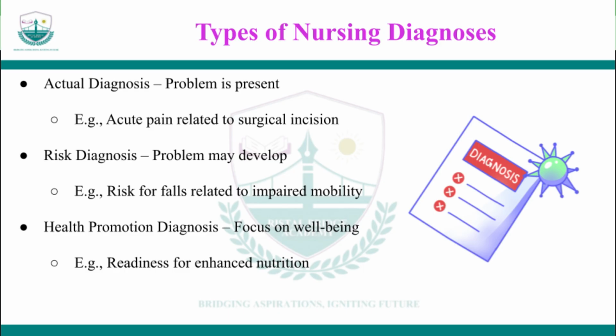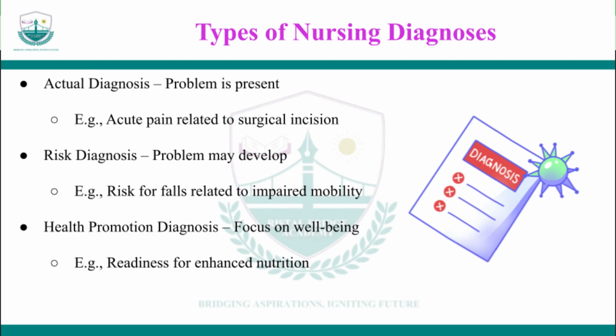The patient is not able to move well, maybe because the patient is just from the surgery. So if he tries to move, likely the patient is going to fall. So that's why we say risk for falls. It is not that the patient has fallen, but there's a risk that likely the patient may fall.